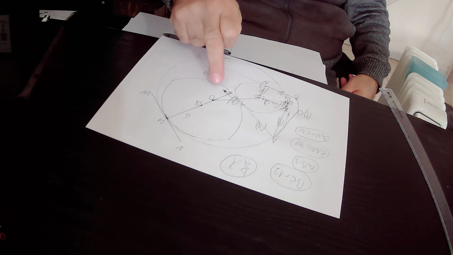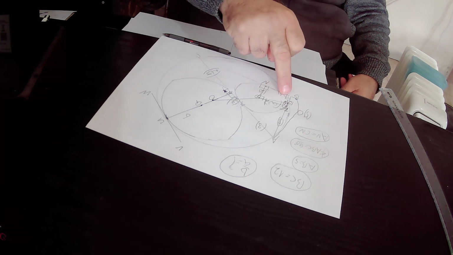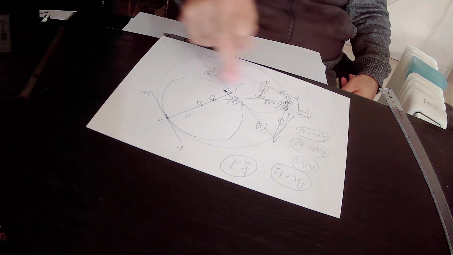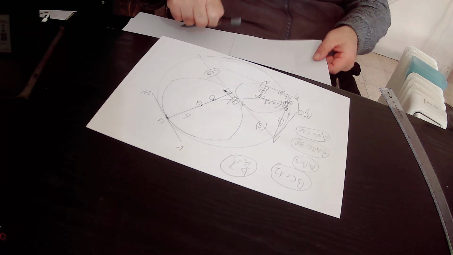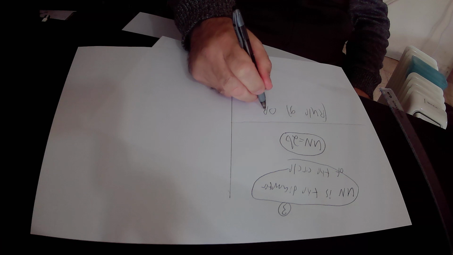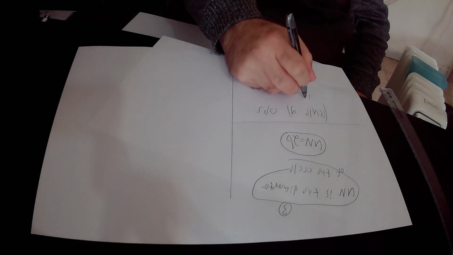Therefore, the straight line OP that connects their centers together must pass through their touching point, that is to say point S. That is to say OPS is one straight line.